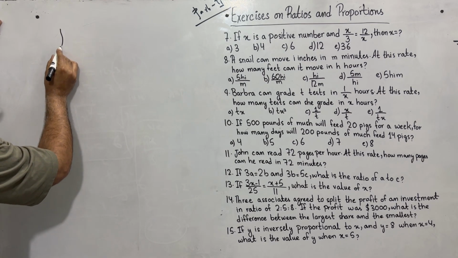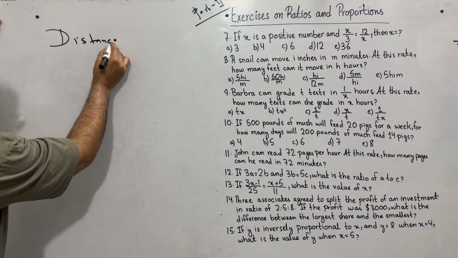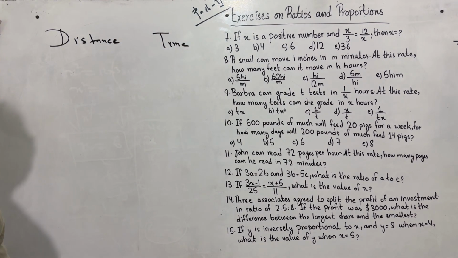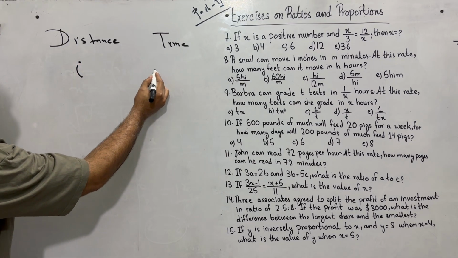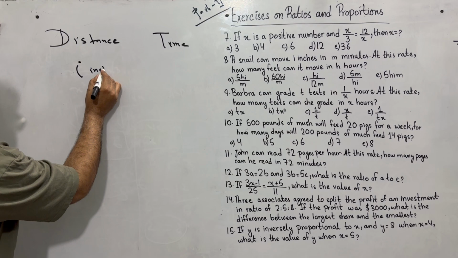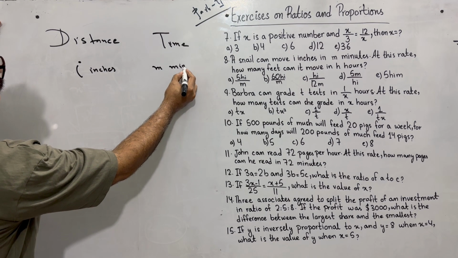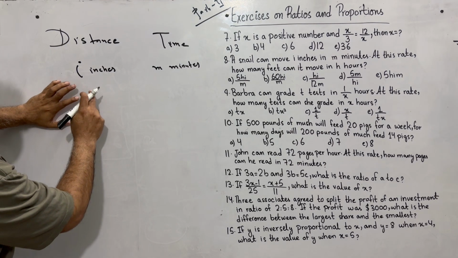We are given distance as well as time. Distance and time, simple. It can be done by direct ratio. I inches in m minutes. How many feet?